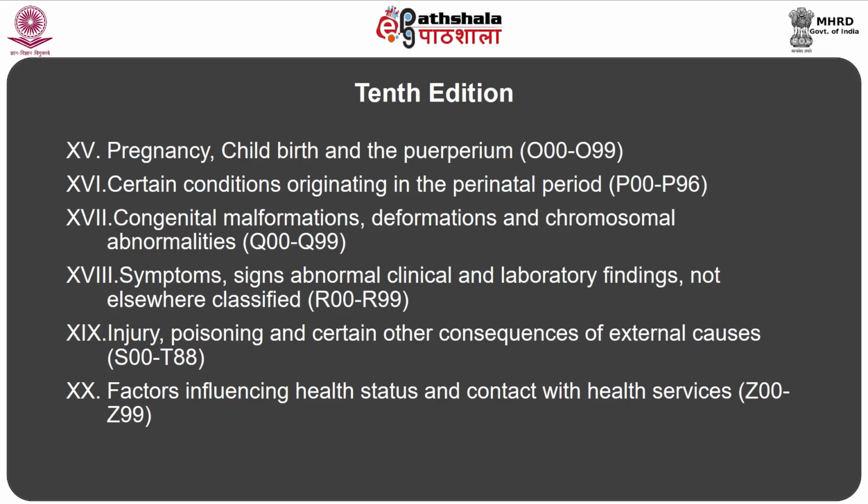Congenital malformations, deformations and chromosomal abnormalities Q00-Q99. Symptoms, signs, abnormal clinical and laboratory findings not elsewhere classified R00-R99. Injuries, poisoning and certain other consequences of external causes S00-T88. Factors influencing health status and contact with health services Z00-Z99.